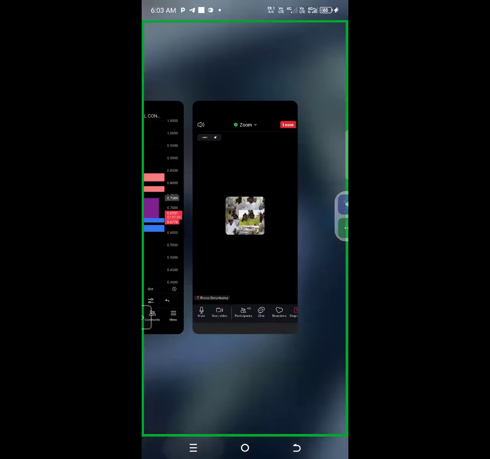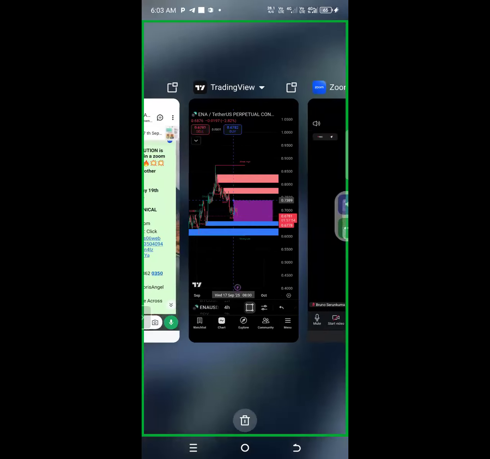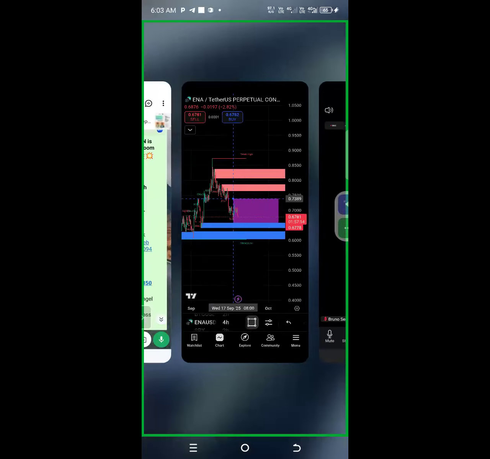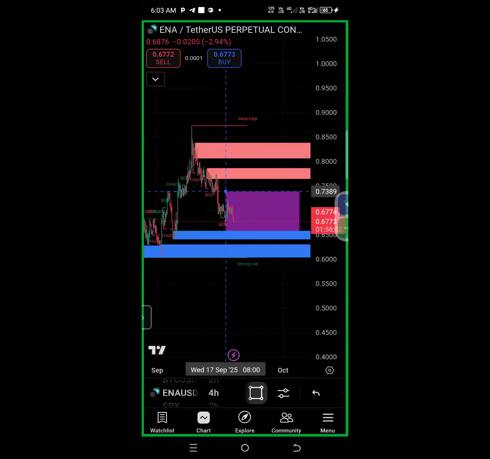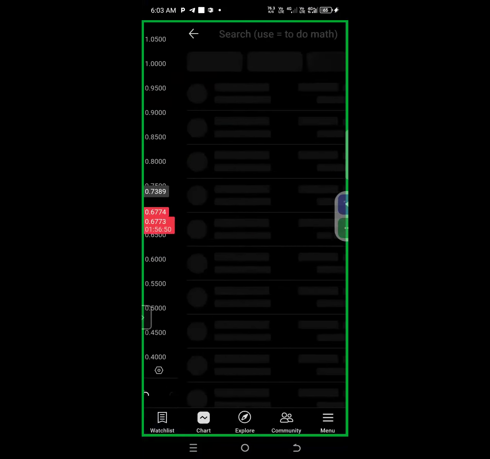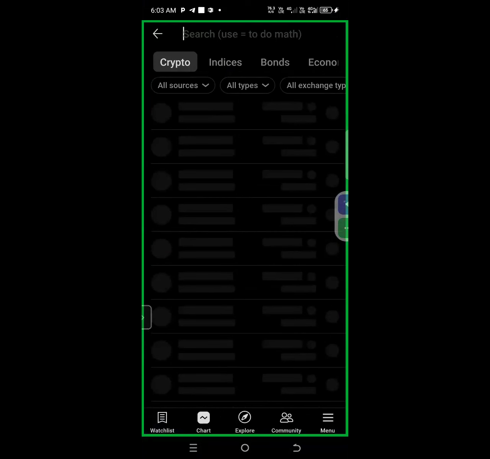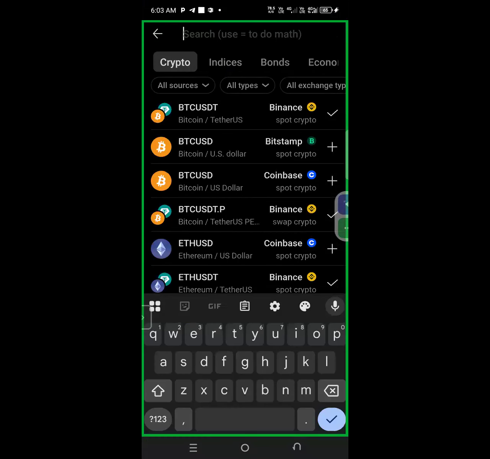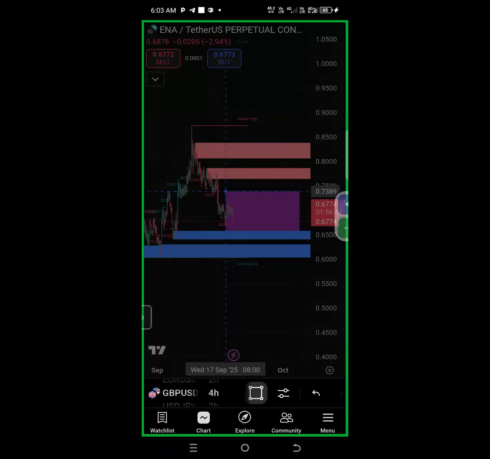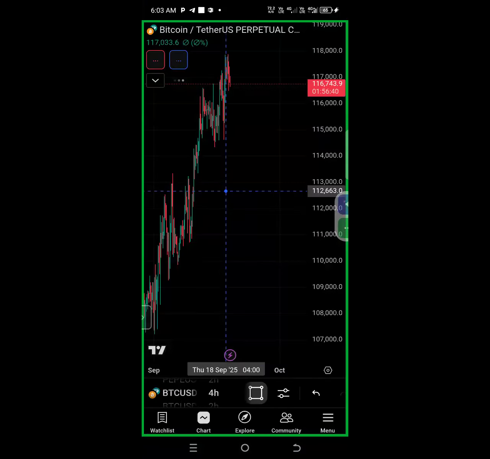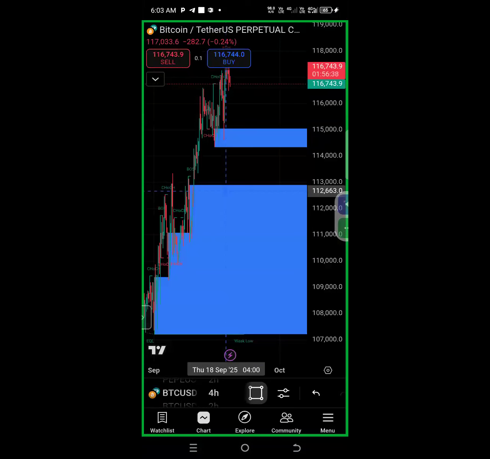Everything that you need to know when you structure the market has been drawn out, has been figured out for you. So whatever asset you trade on, when you are using the Los Algo indicator, everything has been simplified already.